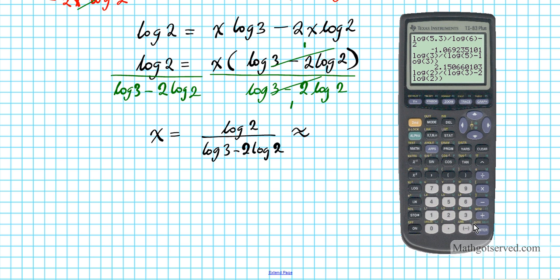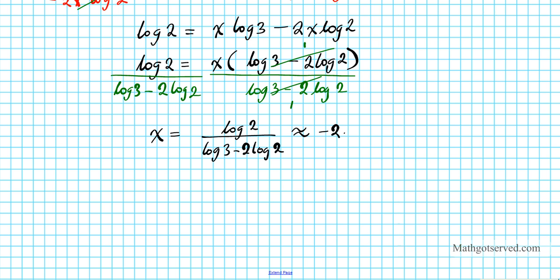Close the log, close the denominator, enter. Your approximate answer is negative 2.4094. So there's the approximate solution to our original logarithmic equation.